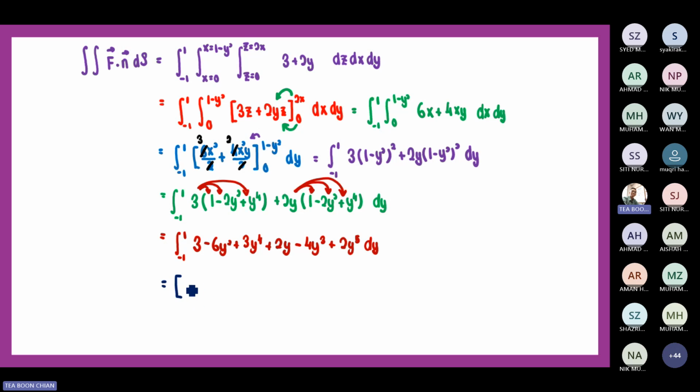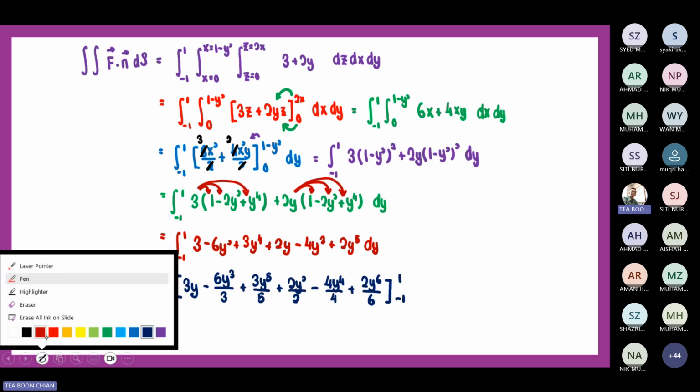In the end, 3 is integrated into 3y, minus 6y squared is integrated into 6y cubed over 3, plus 3y power 4 is integrated into 3y power 5 over 5, plus 2y integrated to 2y squared over 2, minus 4y cubed is integrated into 4y power 4 over 4, plus 2y power 5 is integrated into 2y power 6 over 6, from upper limit 1 and lower limit -1.